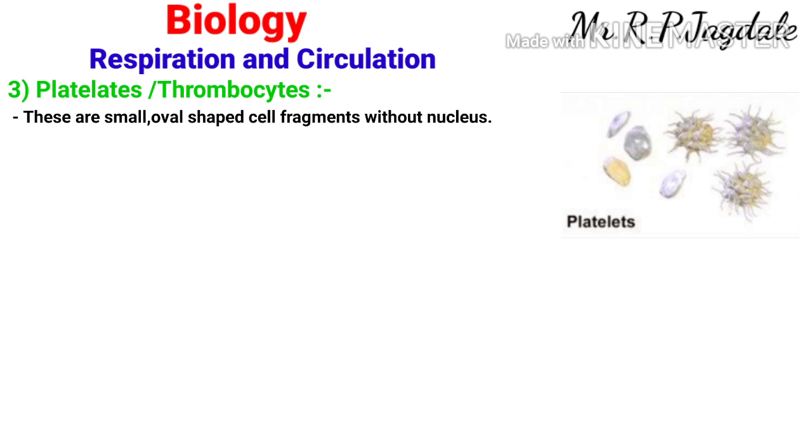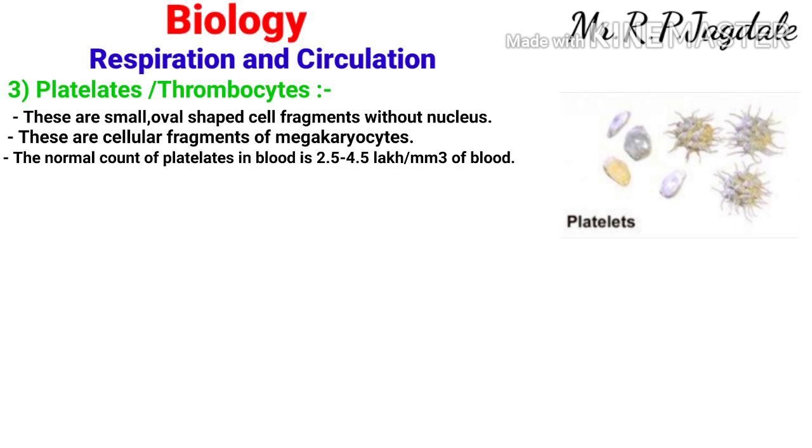Now, fragments of which cells? The cellular fragments of megakaryocytes. Platelets are nothing but small oval shaped cellular fragments of megakaryocytes without nucleus.